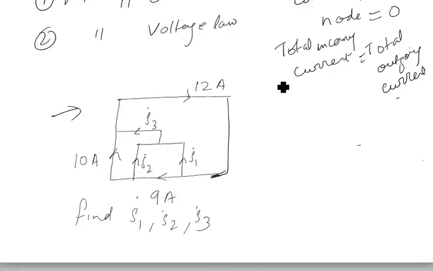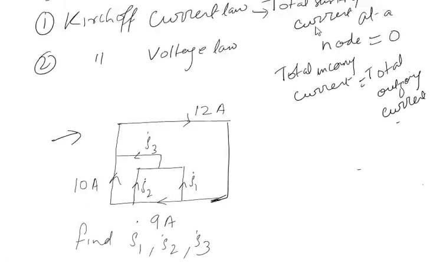Now Kirchhoff current law tells that the total sum of current at a node is zero. What is a node? A node is a point where there is a diversion. See, water is flowing in a pipe and you have to divert that water into another direction, so you put a junction.